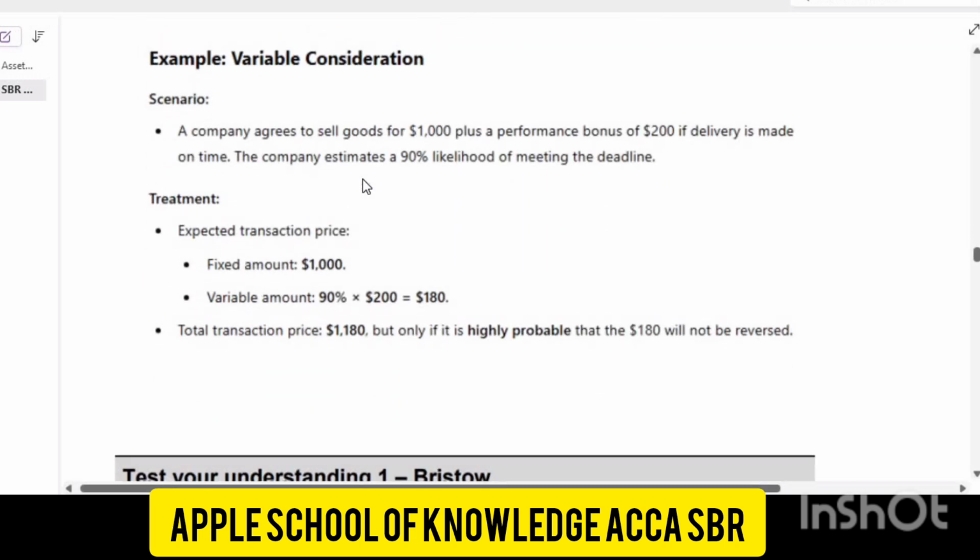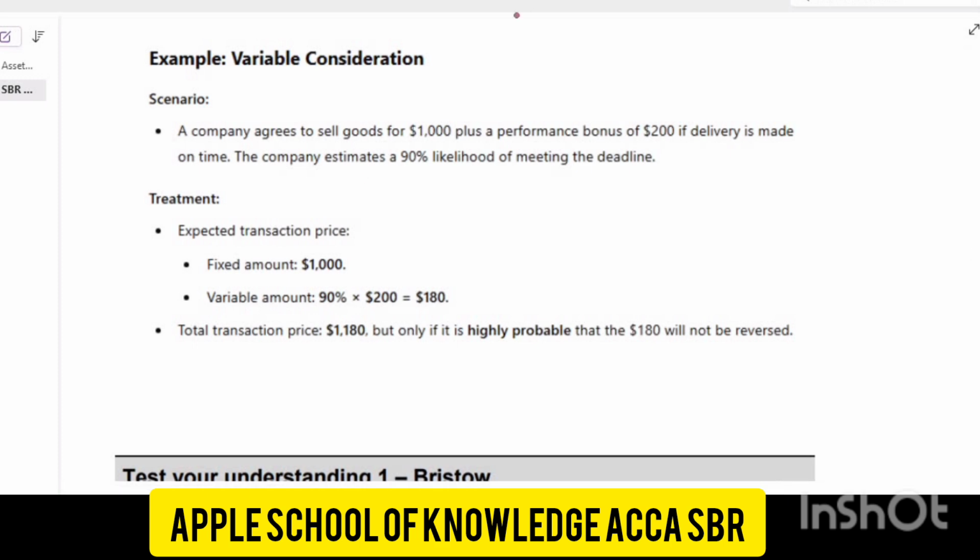Now let's discuss in more detail what variable consideration is, how you will account for it, and then include it in your transaction price. For example, a company agreed to sell goods for $1,000, plus a performance bonus of 200 if delivery is made on time.